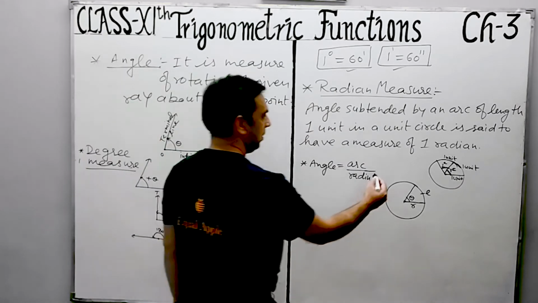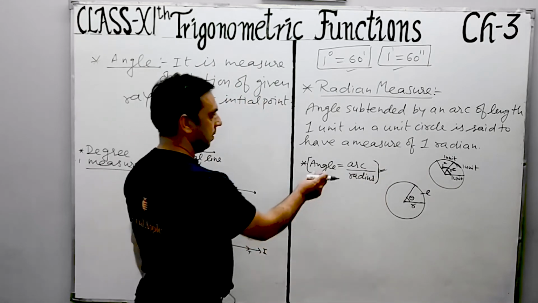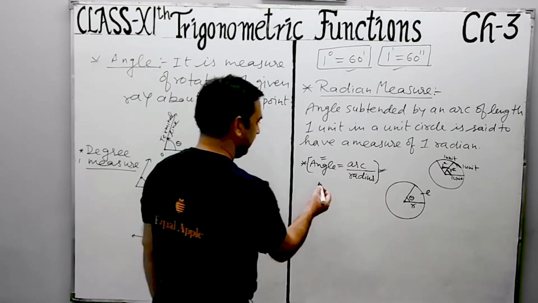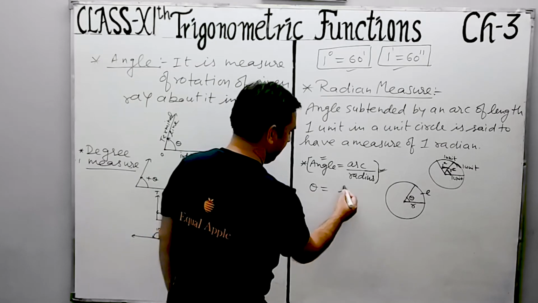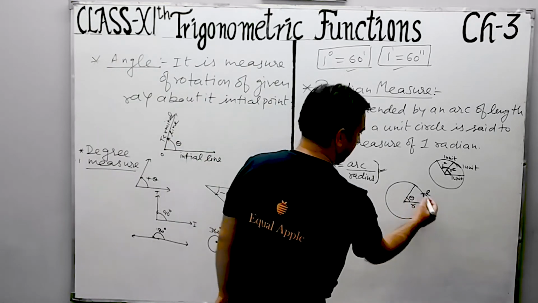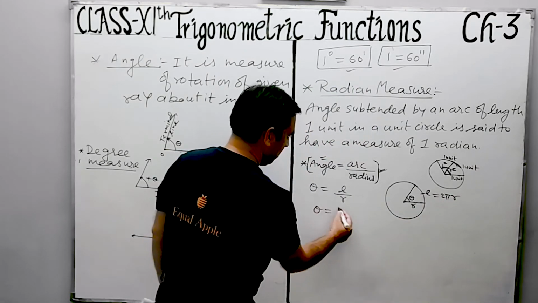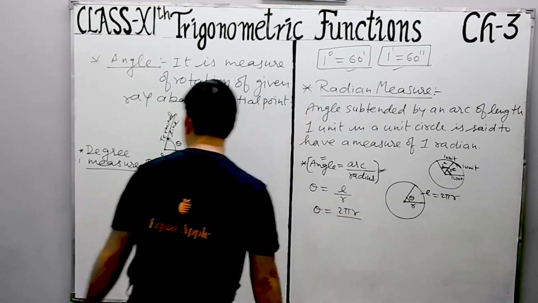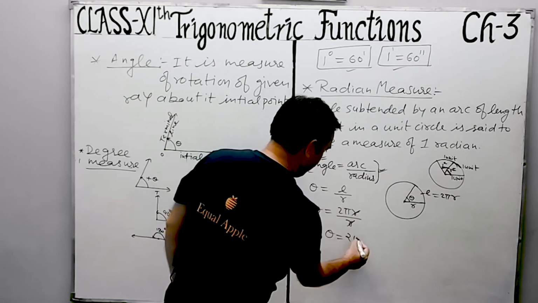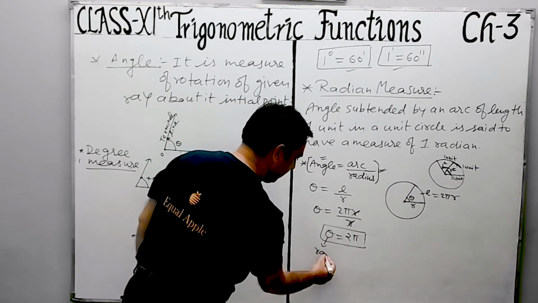This is the basic thing you have done in your previous class, that the angle is always equal to arc upon radius. So by this we can write the formula theta equals L upon r, right? So if we take the complete length of an arc, 2 pi r, then theta will be 2 pi. Here you can see that theta is always in radian.